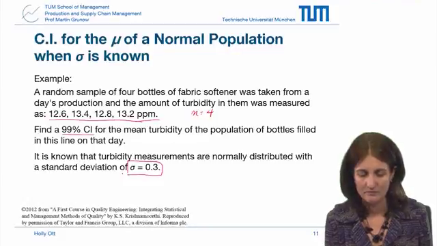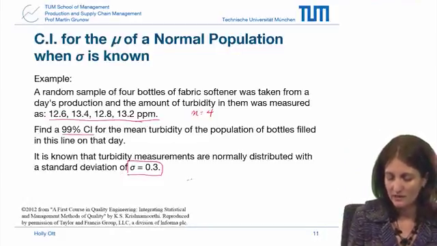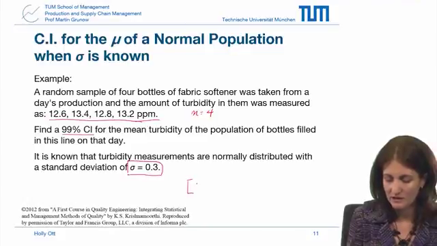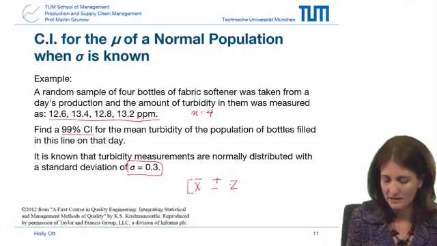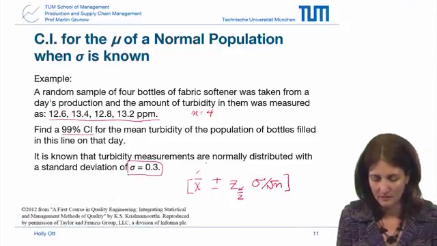So the confidence interval is given as x bar plus or minus z alpha over 2 times sigma over the square root of n. We're given the other values, and we know this.